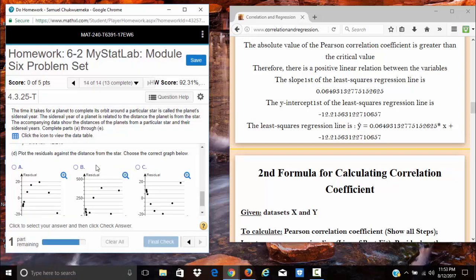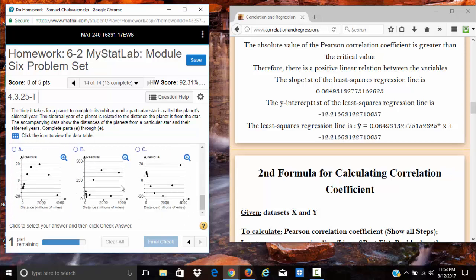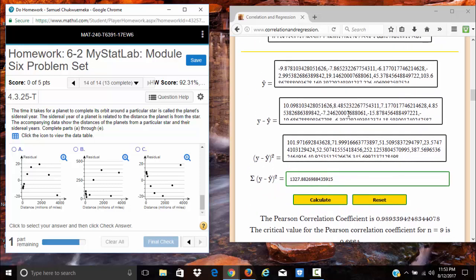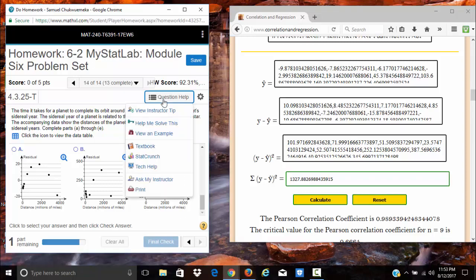Plot the residuals against the distance from the star. Choose the correct graph below. Okay, so to plot these residuals, these are the residuals right here. So what we're gonna do now is we will open up Statcrunch.